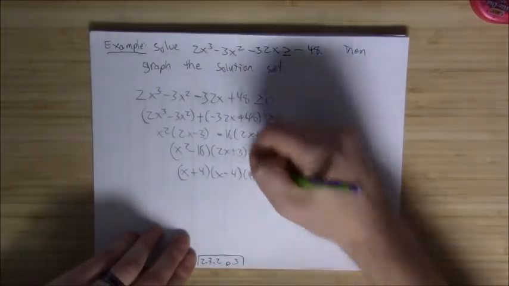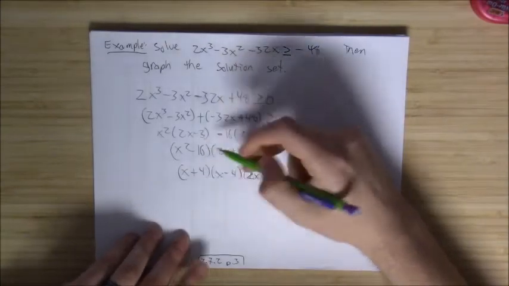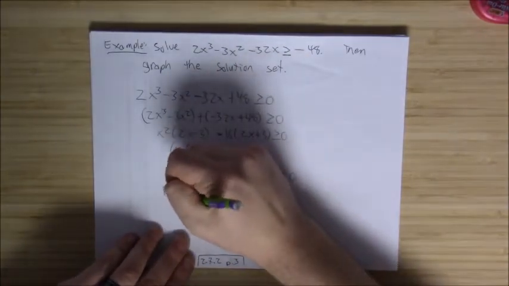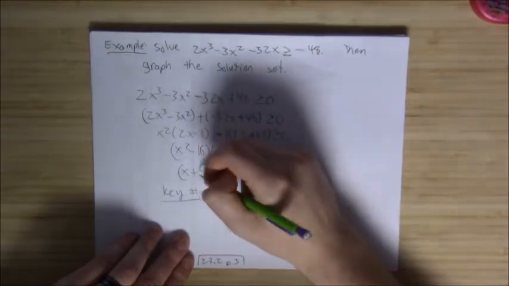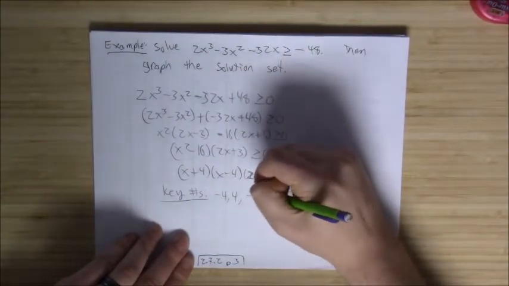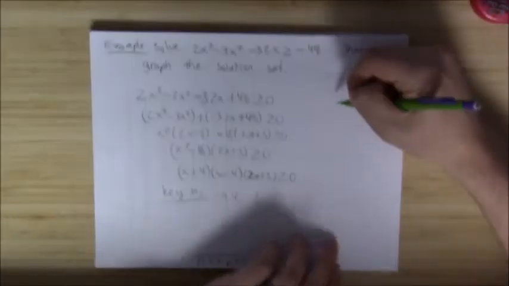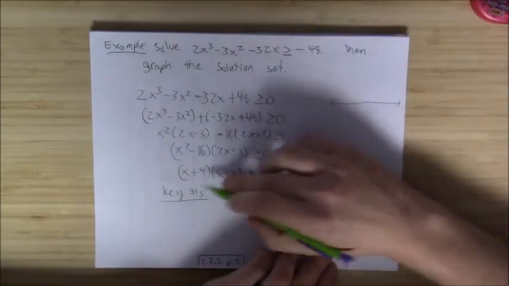And now we can get our test numbers, sorry, the key numbers, not test numbers, not critical numbers. I'll eventually get it right. Key numbers. This would be negative 4, 4, and negative 3 halves. Well, this is just a larger example of what we've been doing.